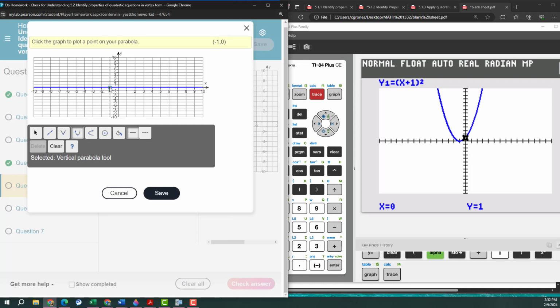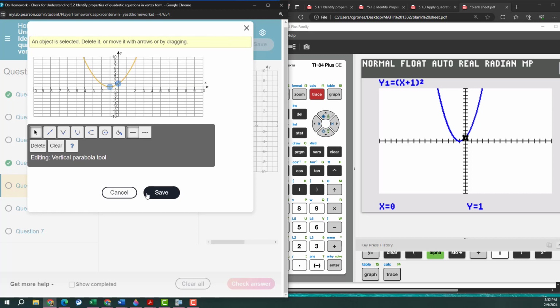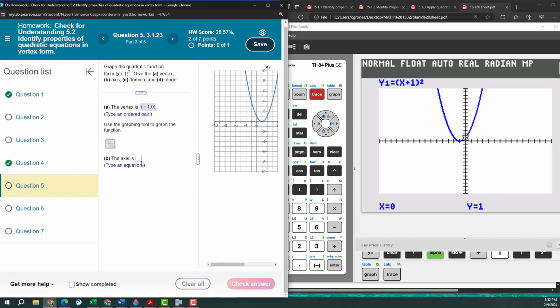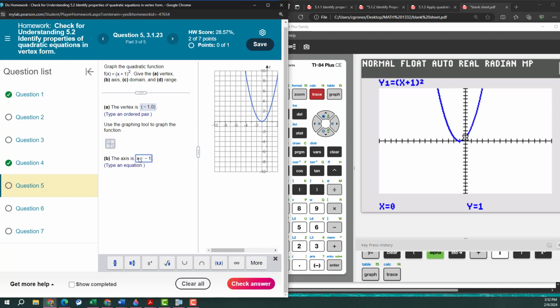And then our next point going up, x equals 0 and y equals 1, so 0, 1. We'll click to put the point, save it, and then we can check it. Our axis, x equals -1.